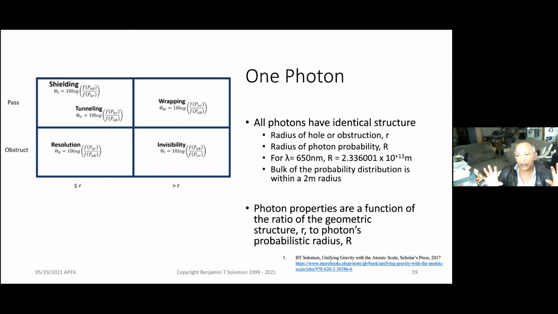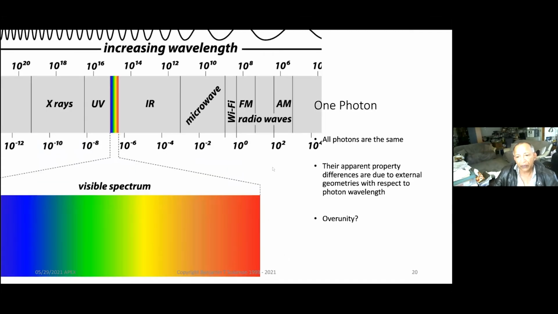They are the same structure, except that how they interact with matter depends on the relationship between the radius and the geometric structure of particles, of the objects external to the particles. Okay, so now there's only one photon, and it looks like different things because we have given them different names for different wavelengths.